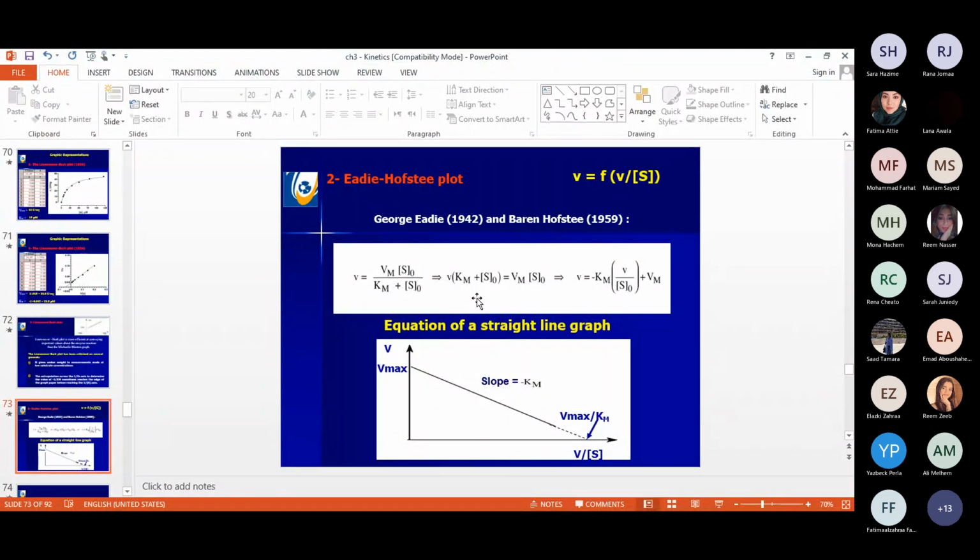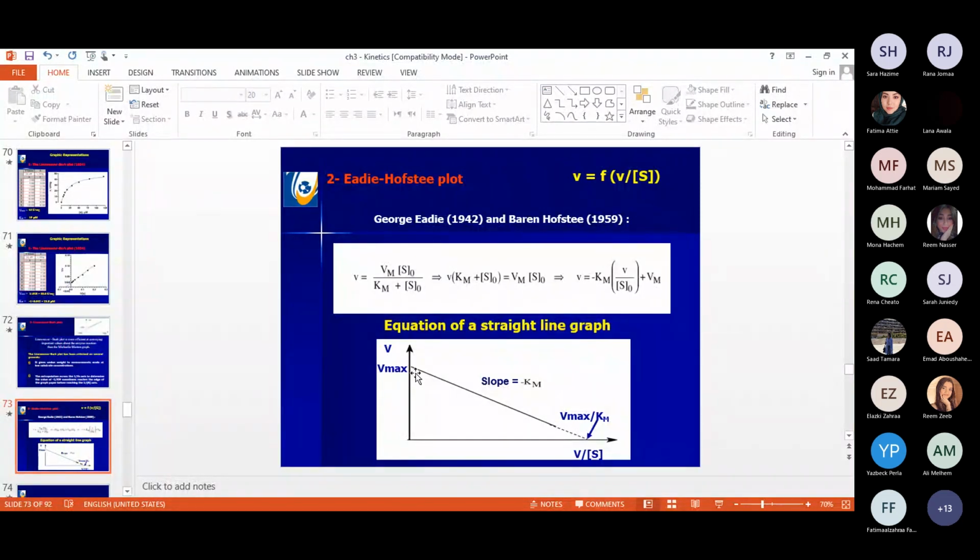They found this relation. They multiplied to get Vkm plus Vs equal Vmax multiplied by S, and they got V as a function of V over S, which is V equal minus Km V over S plus Vmax. And they said it is also a straight line where the slope is minus Km, and when V over S equals 0, V0 equals Vmax, and when V equals 0, V over S equals Vmax over Km.